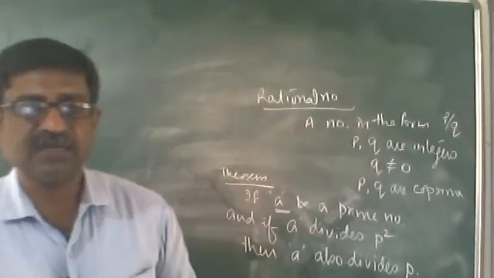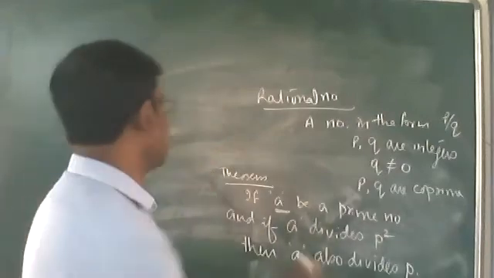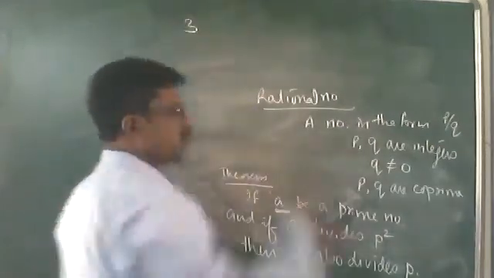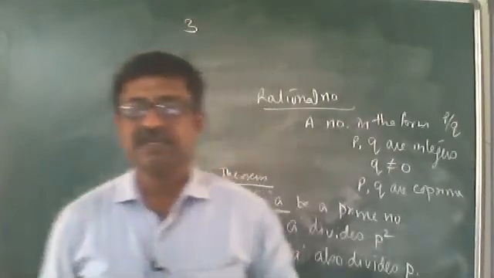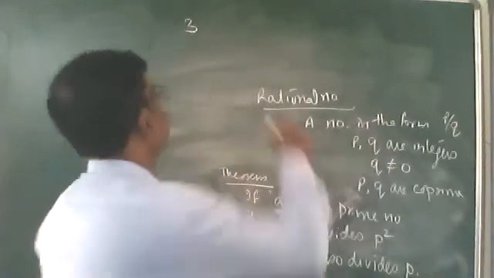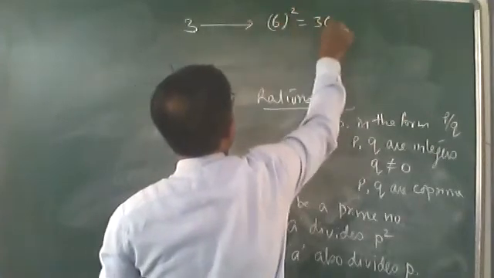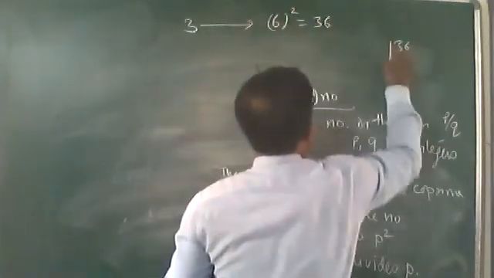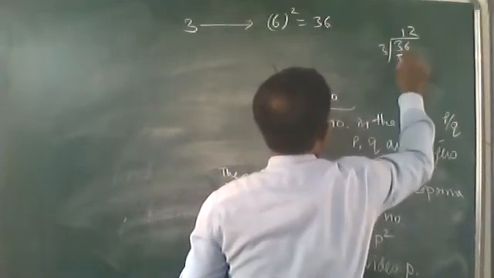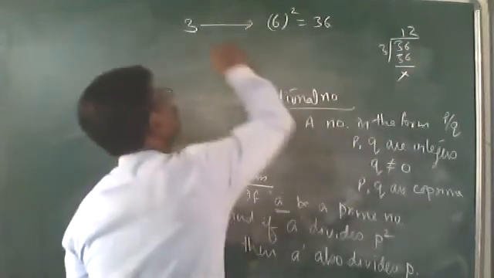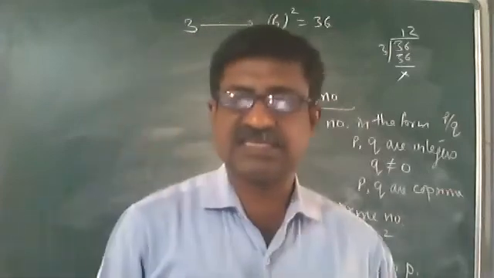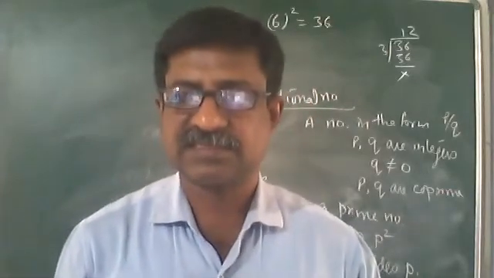We'll take one example. Choose a prime number. Suppose we take the prime number 3. We know that 3 is a prime number. This prime number divides 6 square. 6 square is 36. When 36 is divided by 3, we get the remainder 0. That means 3 divides 36, which is the square of 6.